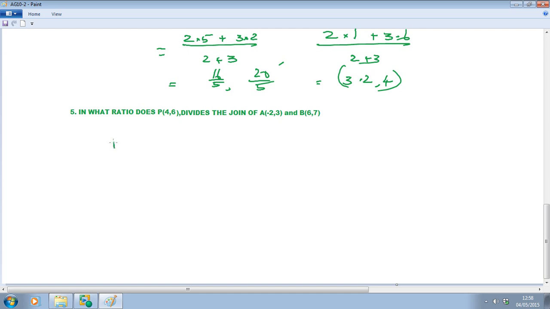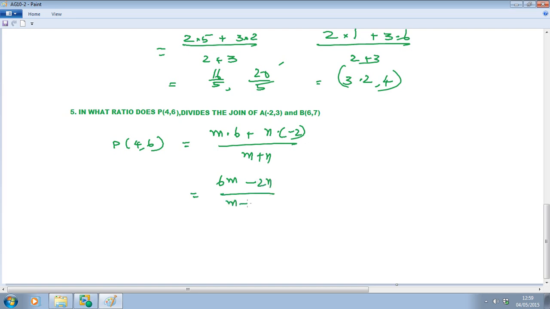P (4, 6) is equal to M multiplied by x2, x2 is 6, plus N multiplied by x1, it is minus 2, divided by M plus N. So this is equal to 6M minus 2N divided by M plus N.